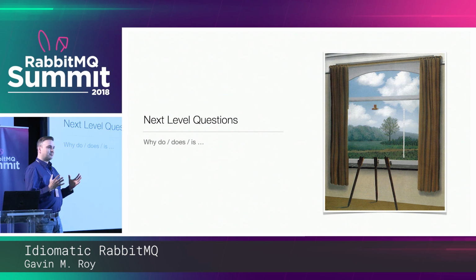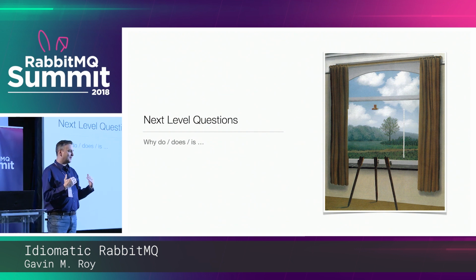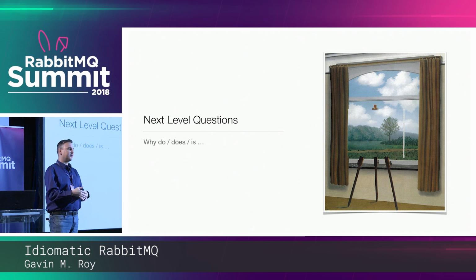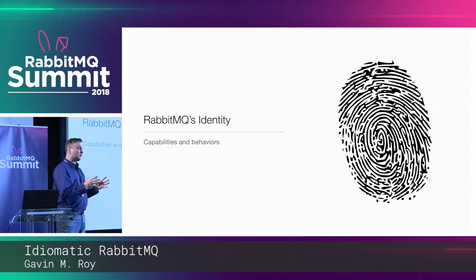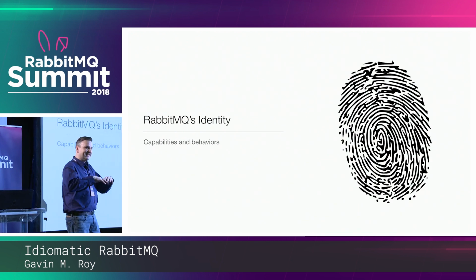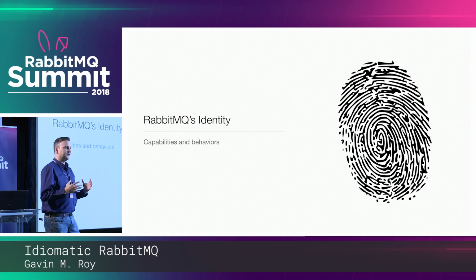A lot of times, the problems that you encounter in your application where the behaviors are not what you were expecting is because there are some things around the AMQP protocol at the lowest level that RabbitMQ implements that maybe aren't as straightforward as you would expect when you have experience working with other remote systems. And that's primarily because RabbitMQ's identity has evolved and is focused on this standard called AMQP.